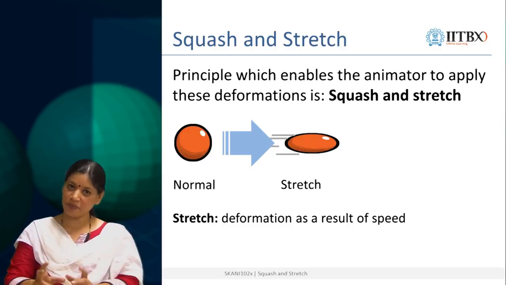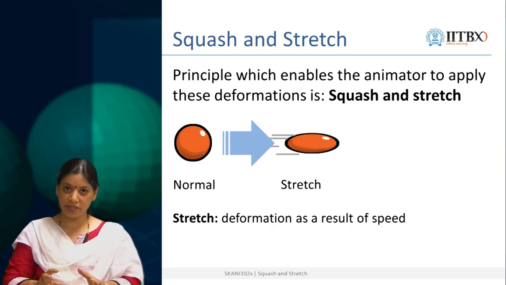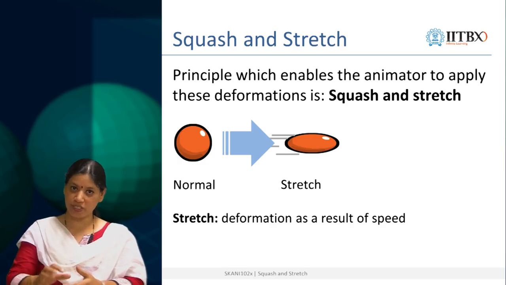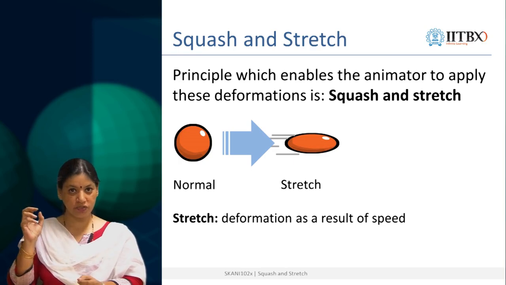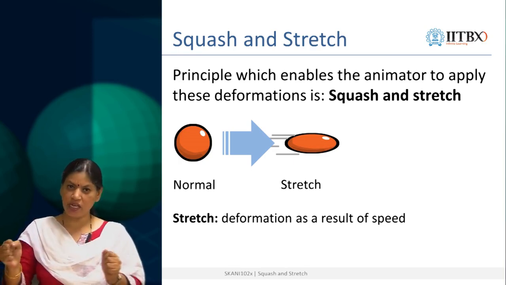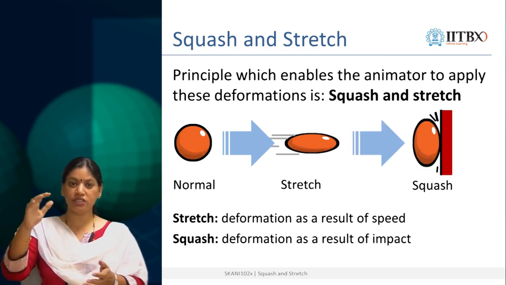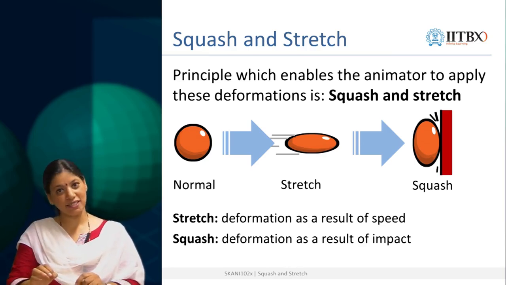Now let us see how this deformation, squash and stretch, is used in animation. This principle of stretch and squash enables the animator to deform the object. When an object is deformed because of speed, it is called stretch, and when the object is deformed because of an impact, it is called squash.